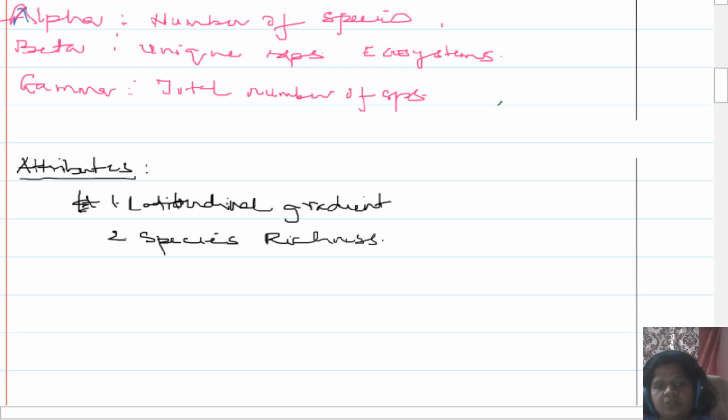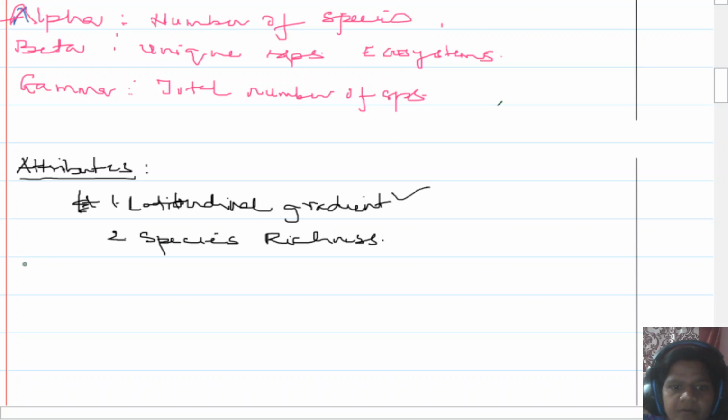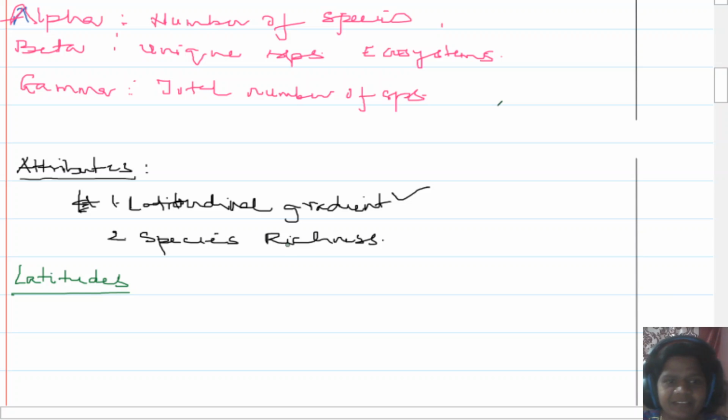Okay, so let's look at the first one, latitudinal gradient. What are latitudes, people? Latitudes and longitudes we've learned, right? Looks like we are going into math, social studies. Today we are all over the place, huh?